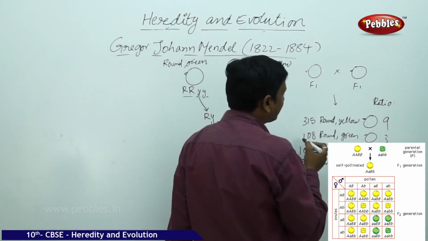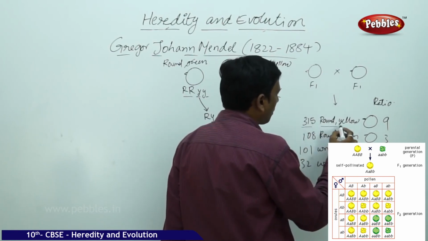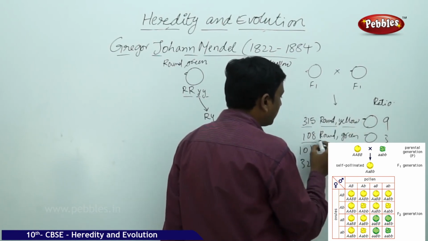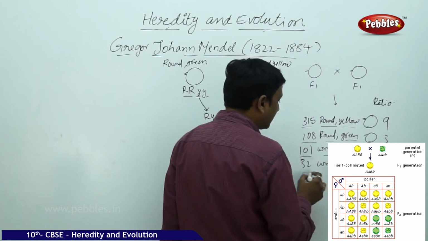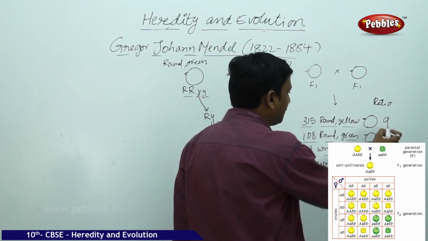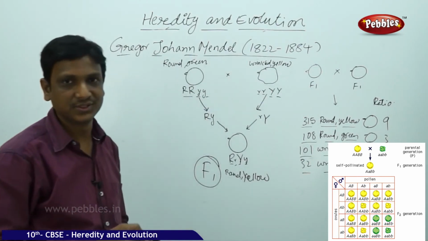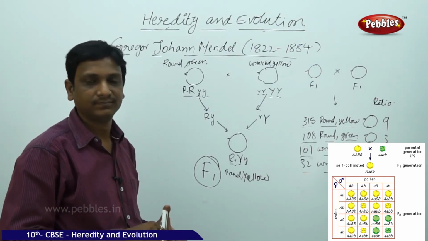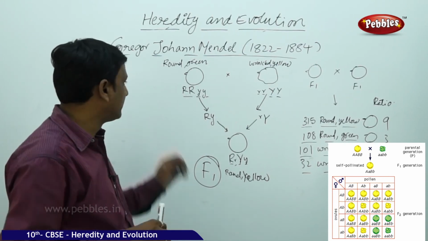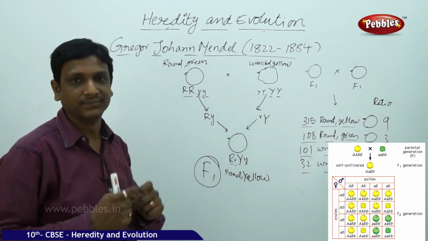So in this case, the result is we get 315 round yellow seeds, 108 round green seeds, 101 wrinkled yellow seeds, 32 wrinkled green seeds. The ratio is 9:3:3:1. What does it show? So the characters are independently inherited. It means that roundness and greenness are not linked.